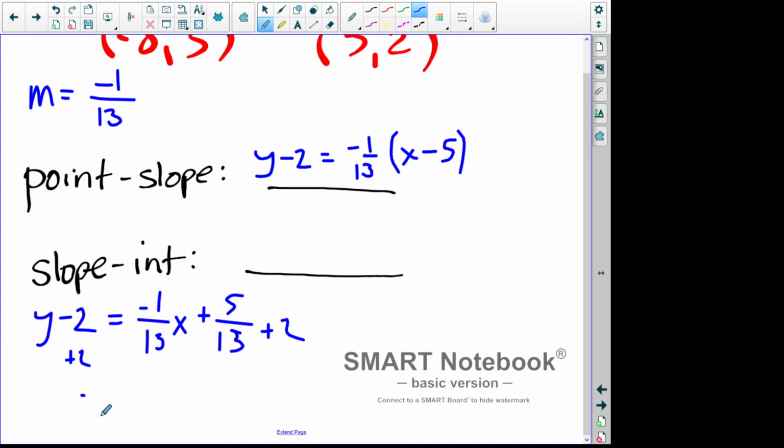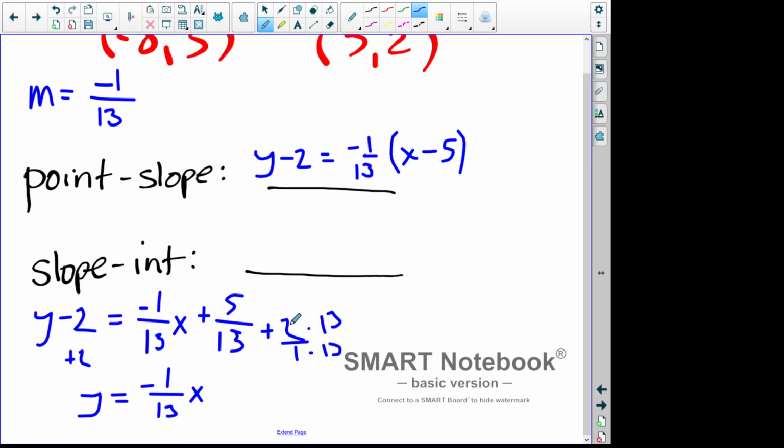And so I get y is equal to -1/13 x. And then to add this, again, I need common denominators. So if I turn this into 13ths, if I took this and made it 2 over 1 and multiplied the top and bottom by 13, so I get 2 times 13 would be 26.